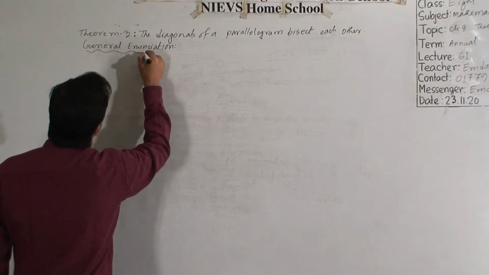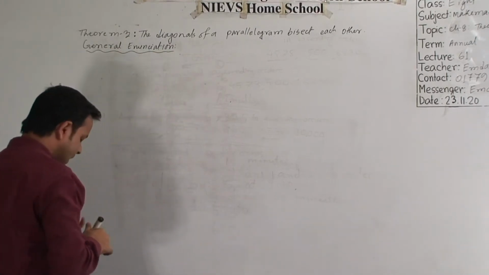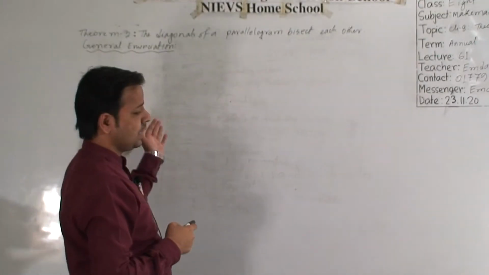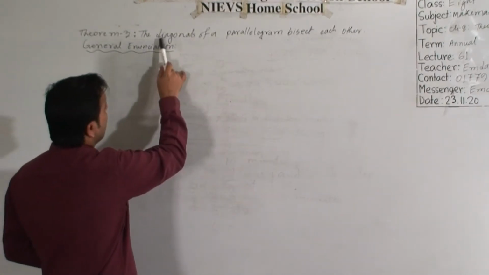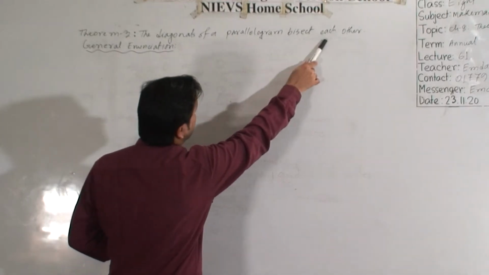General enunciation means here we have to write the question. So write the question: the diagonals of a parallelogram bisect each other.